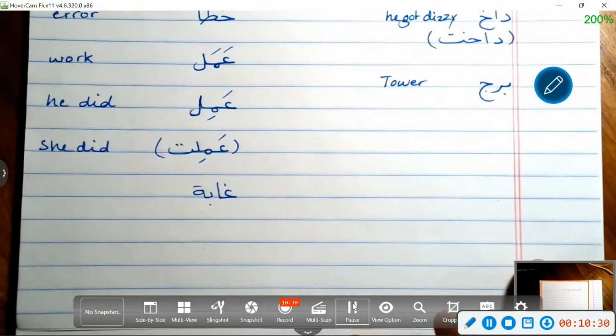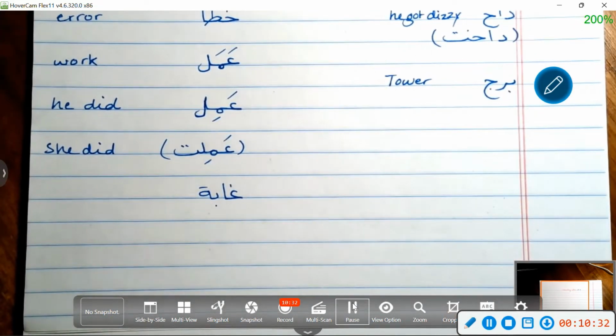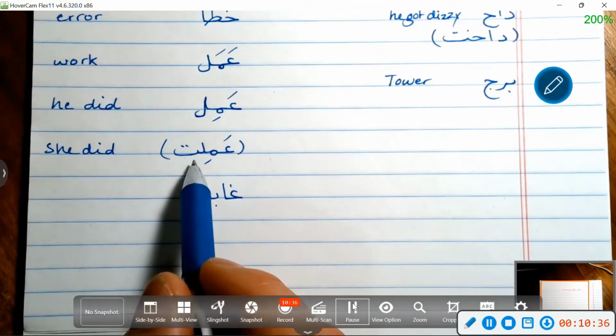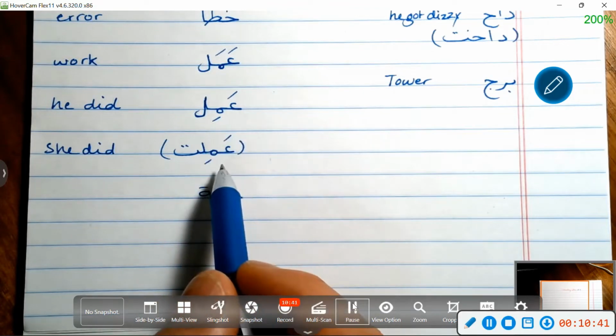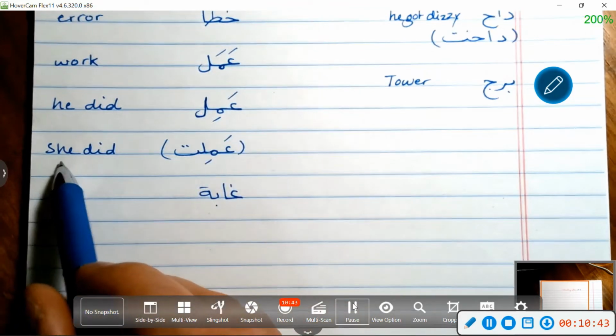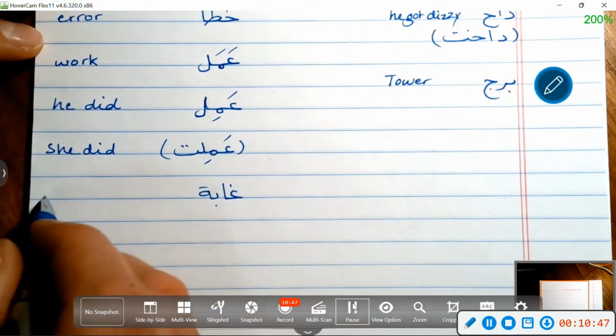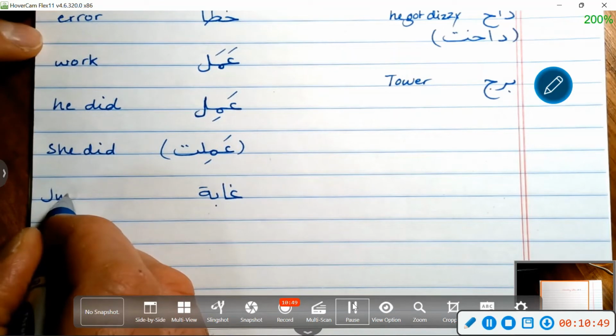So we have عملت, we add تاء مفتوحة when we want to make the verb feminine, it means she did. I have غابة, means jungle or forest.